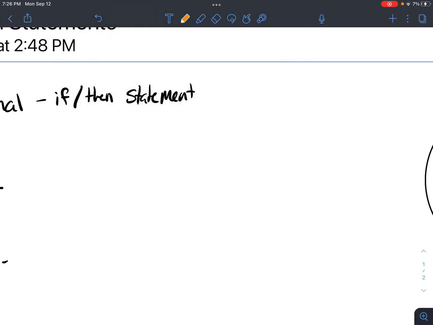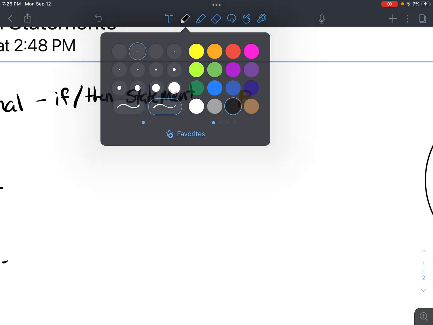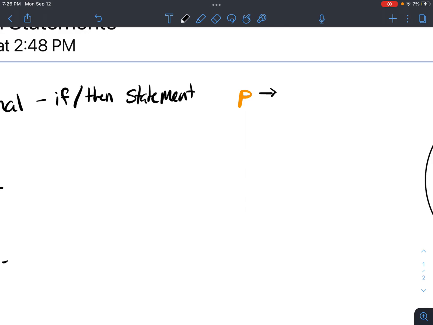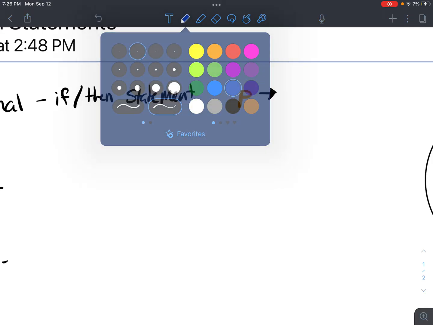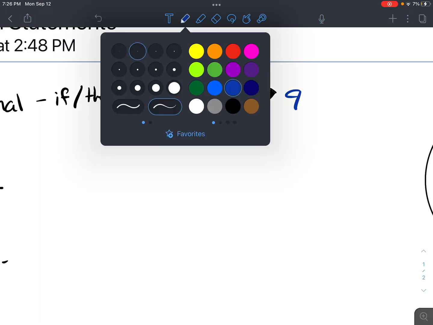So this is going to be our conditional statement, and the way that we are going to read it.